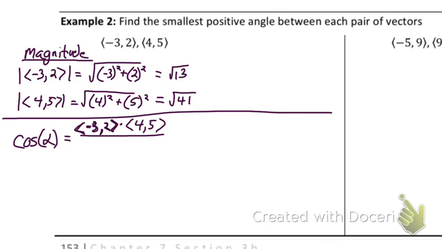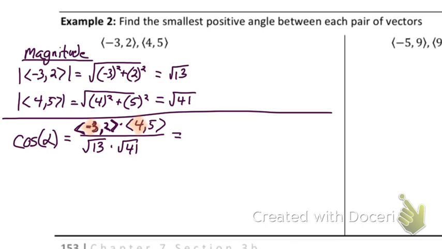All right, so I'm doing the dot product on top. And the bottom is going to be my magnitudes multiplied. So that's square root of 13 times square root of 41. Well, the dot product on top is multiply your x values. That is going to be that negative 3 times that 4.